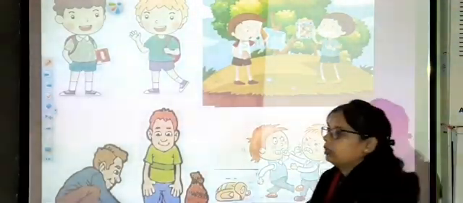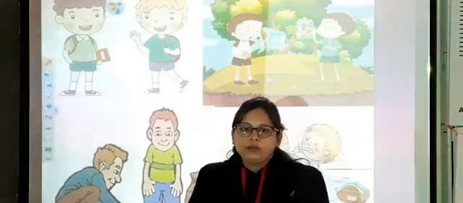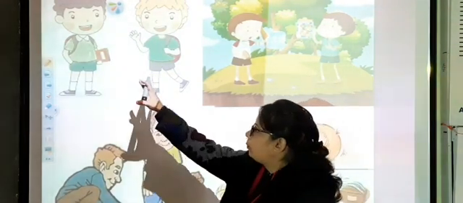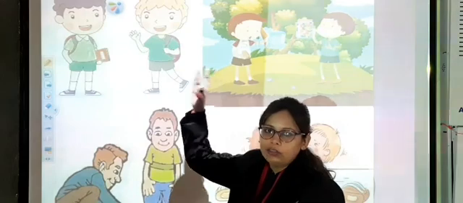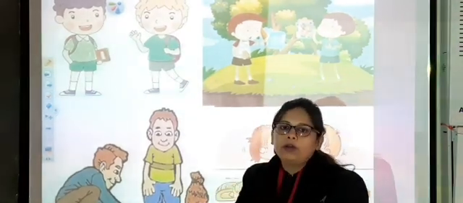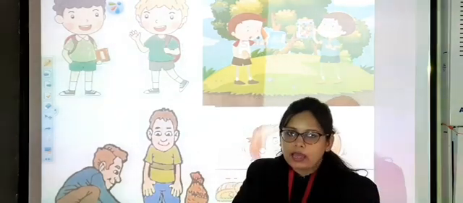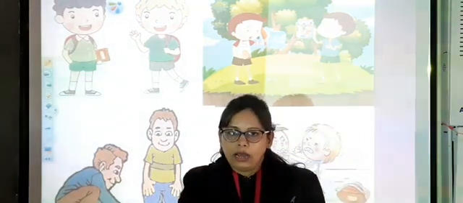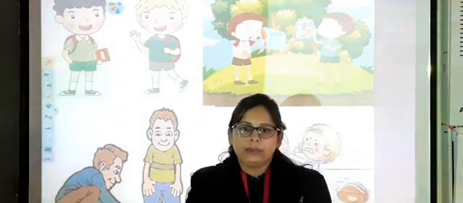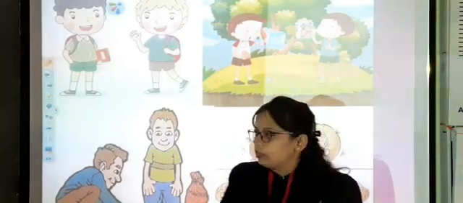So children, first I will tell you a story about two friends, Rohan and Sohan. Rohan and Sohan were two friends and they used to play with marbles after school.